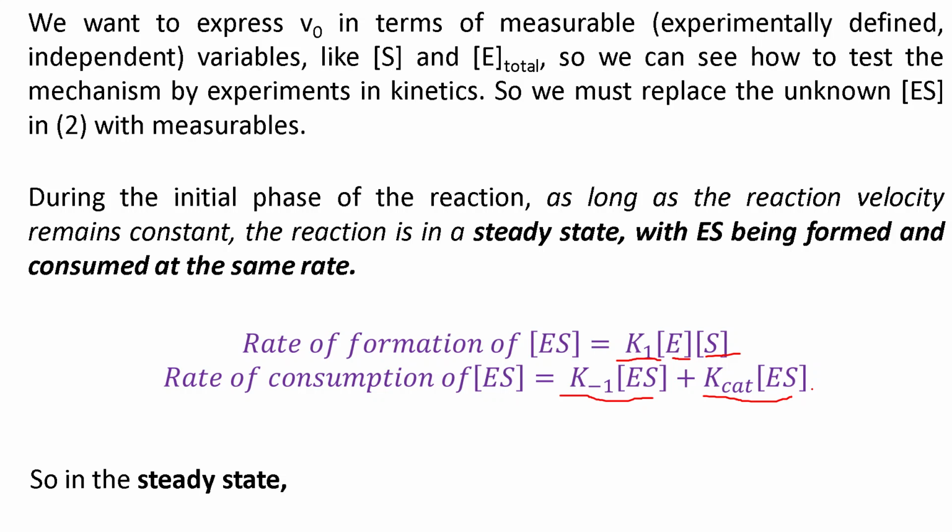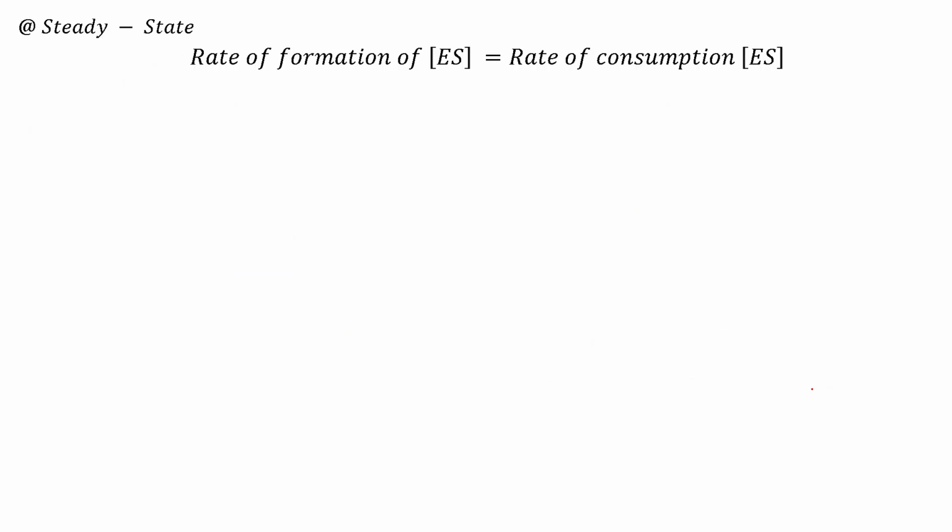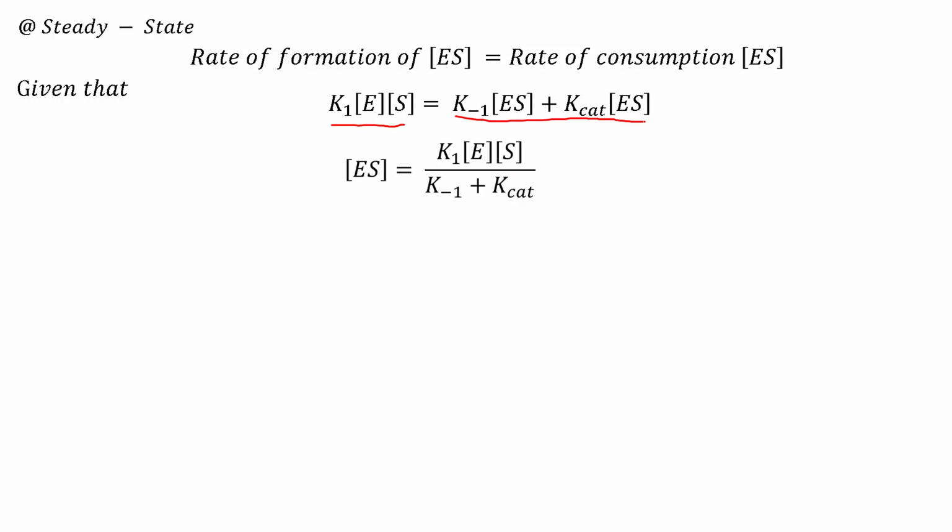So at steady state, the rate of formation of ES will be equal to the rate of consumption of ES, which means that K1 multiplied by E multiplied by S will be equal to K minus 1 plus K cat multiplied by ES. This will be equal to this. Now we can make ES the subject of the formula.